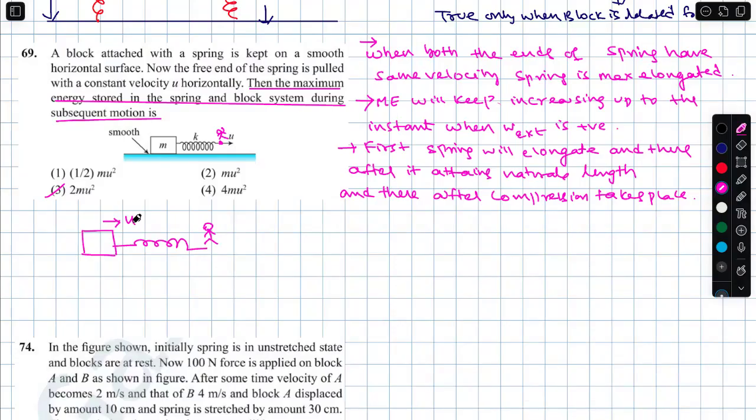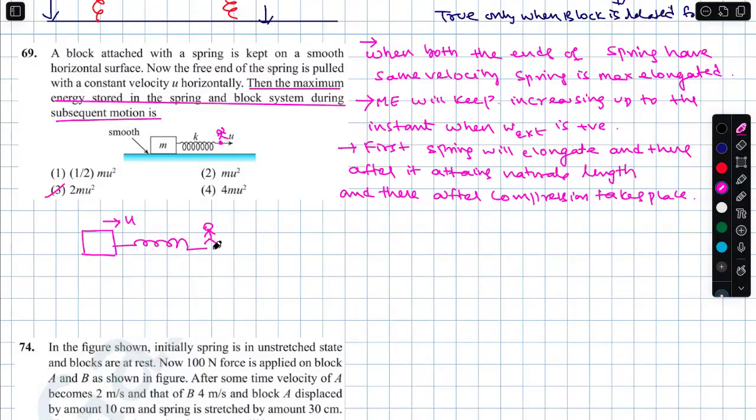Maximum compression phase. Because with respect to him, once it turns back, that is the situation of maximum compression. It is the maximum kinetic energy, that is, block kinetic.